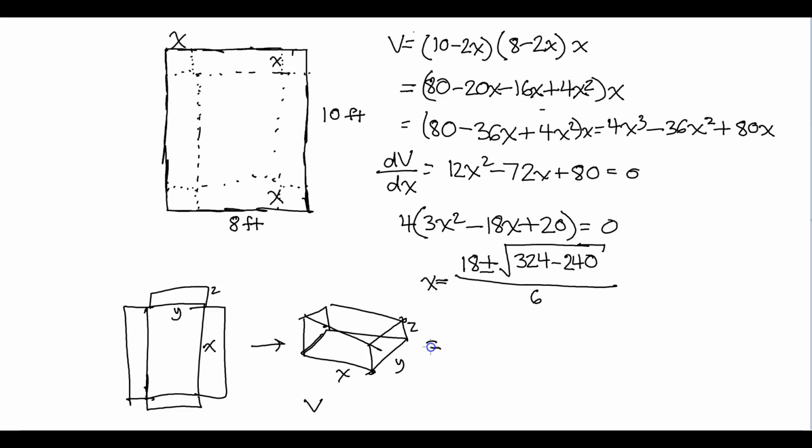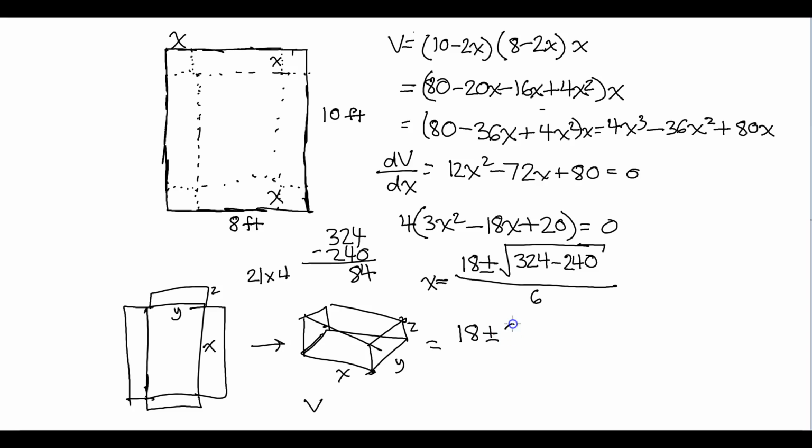We get 18 plus or minus the square root of, a quick subtraction, 84. The square root of 84 is the square root of 21 times 4, so we can simplify the radical.